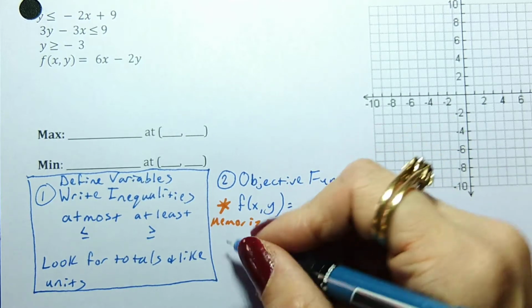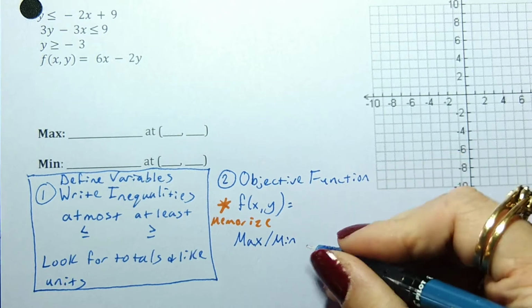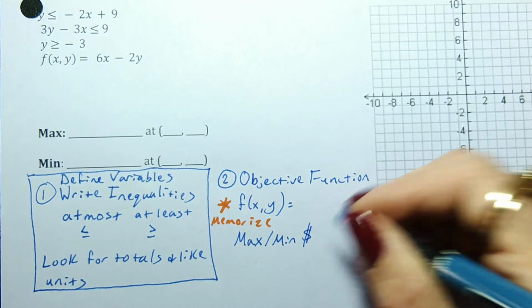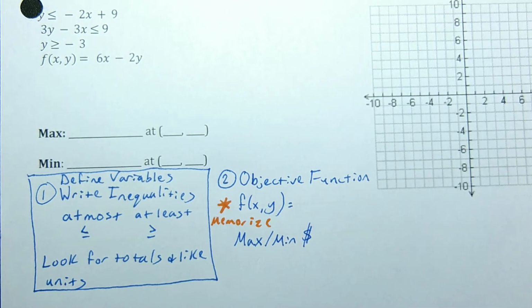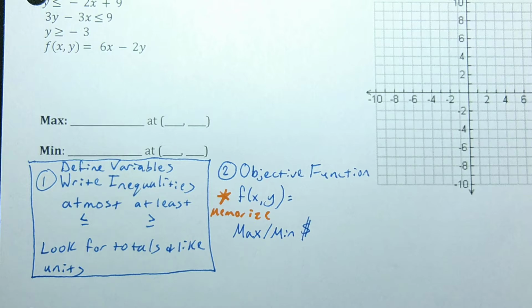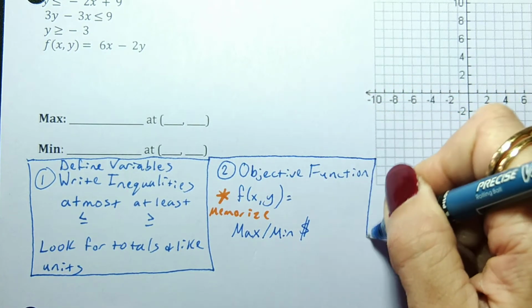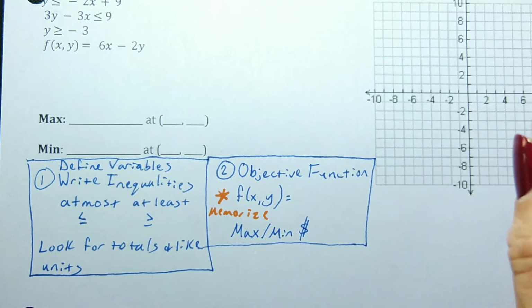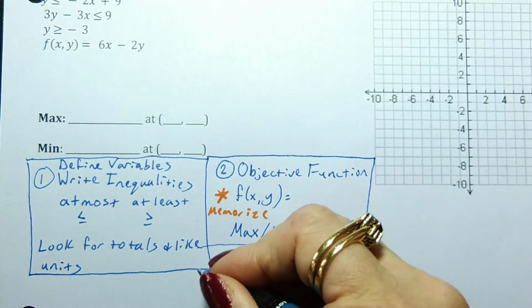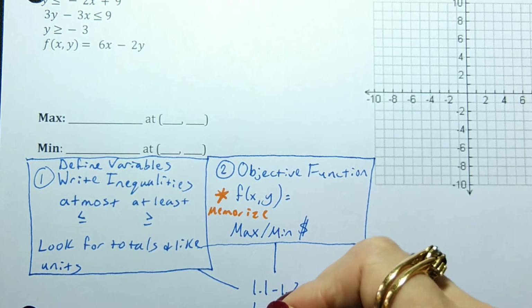Your objective function is whatever you are trying to maximize or minimize. And a lot of times it has to deal with money. Whether it's profits or costs, objective function is money. These are all going to 1.1 and 1.2 linear programming.